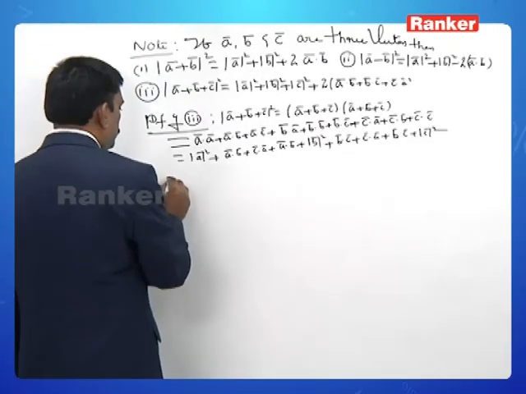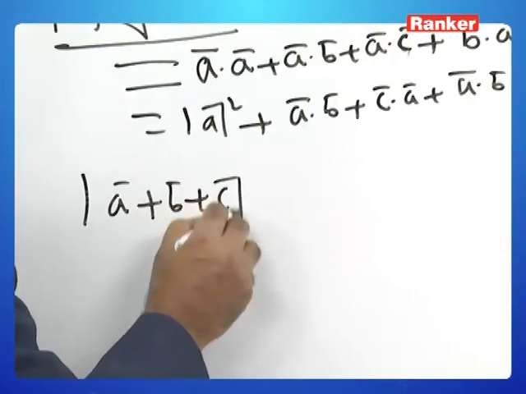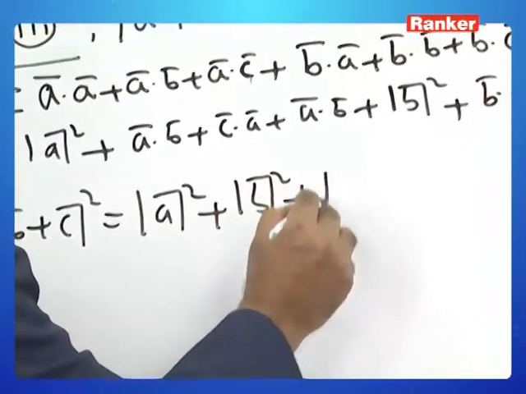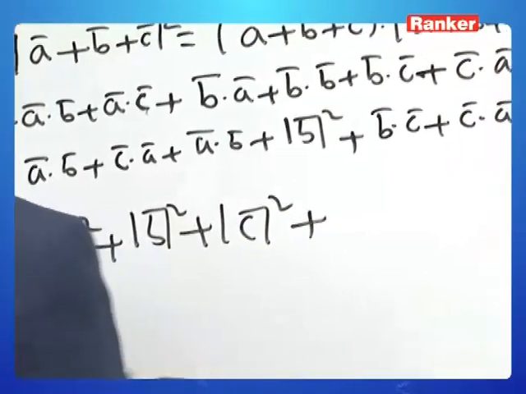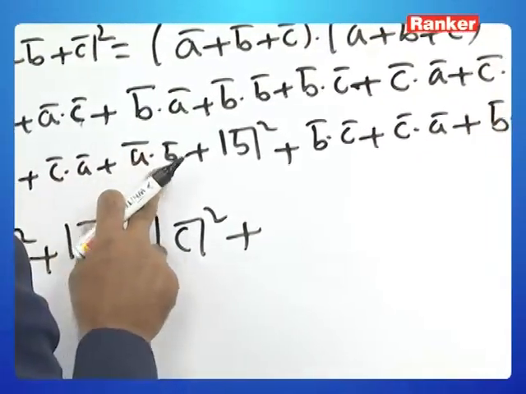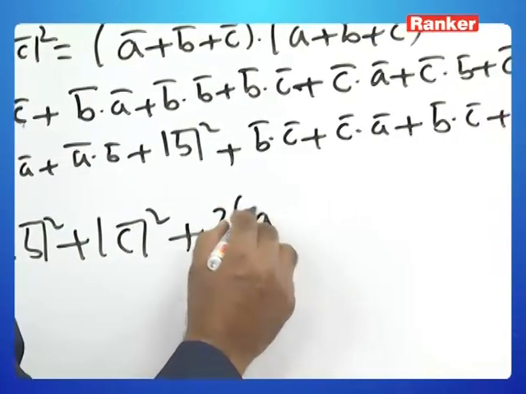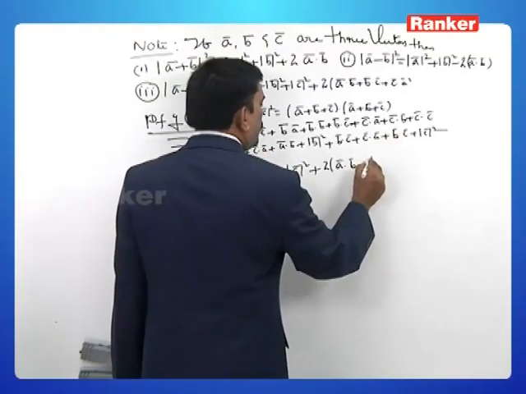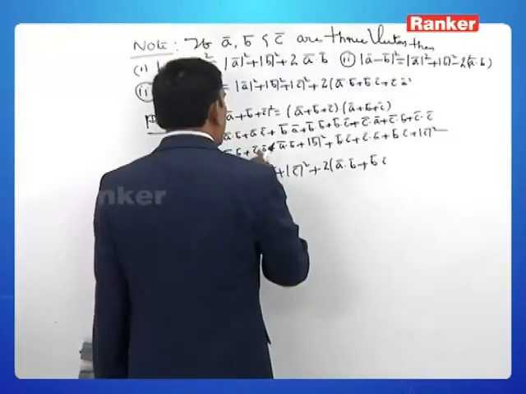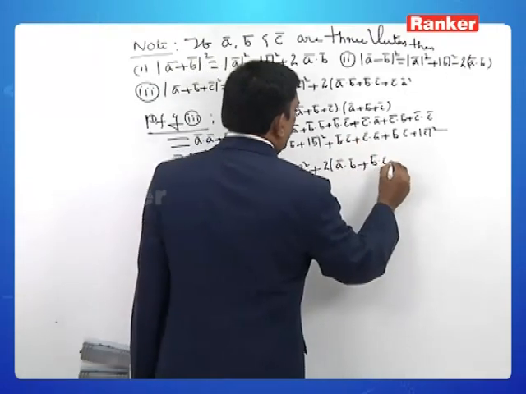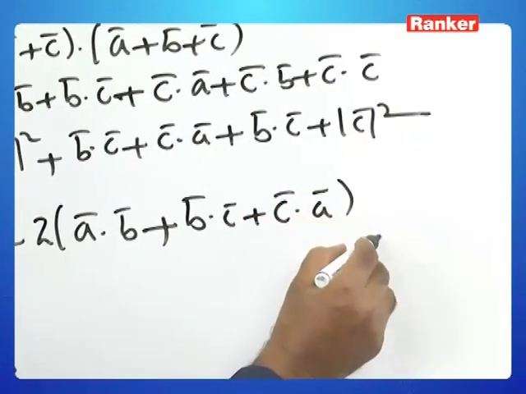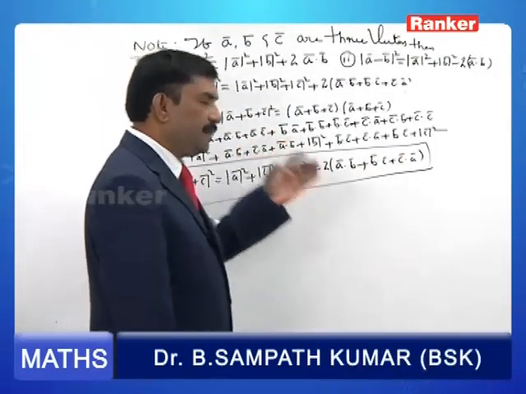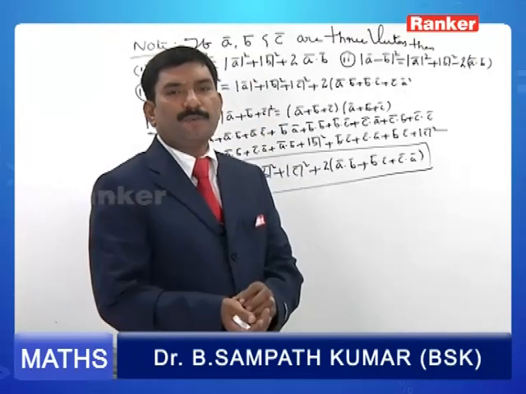So we get mod A whole square plus mod B whole square plus mod C whole square plus 2 into A dot B plus B dot C plus C dot A. Yes, it has many applications in the dot product.